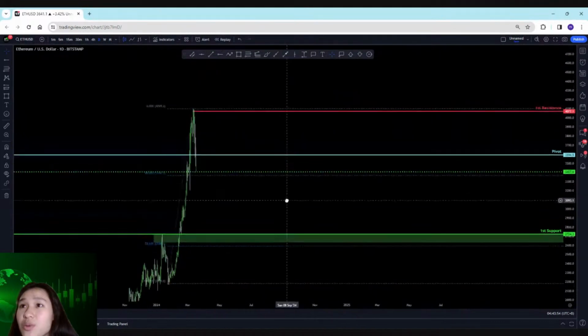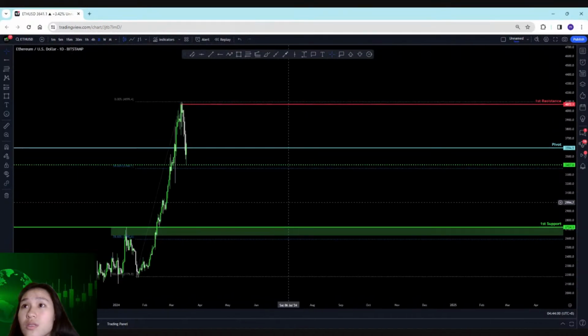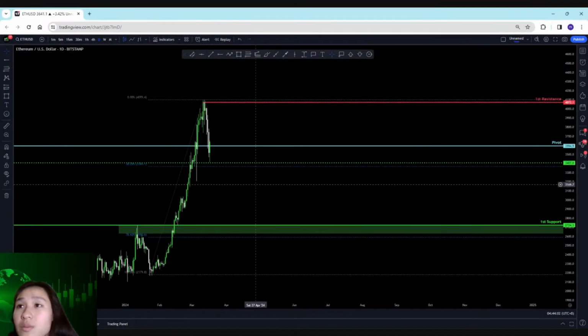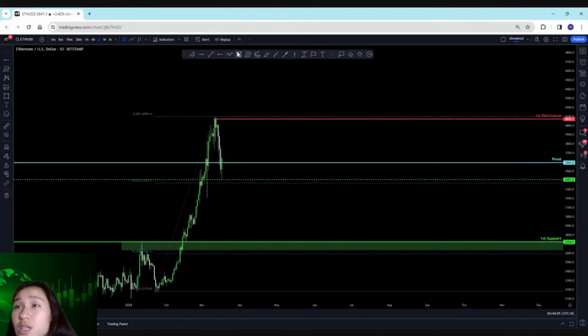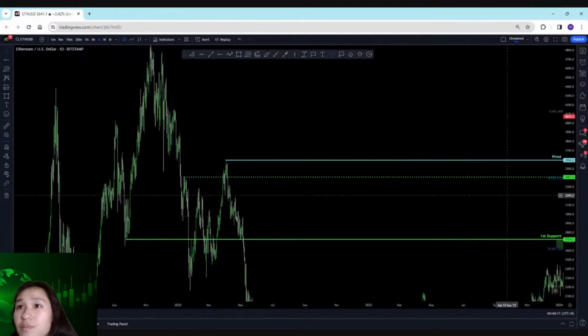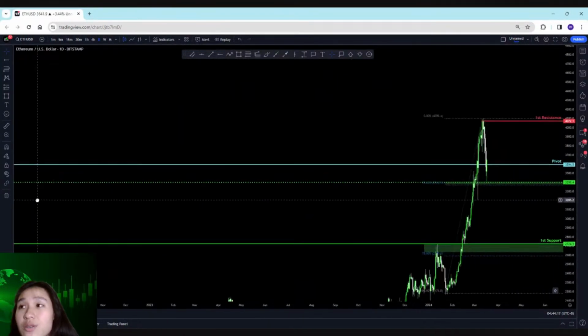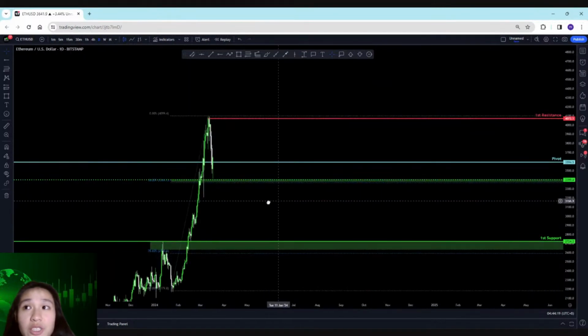And we are expecting price to continue. We have to see, because this area here, it's an overlap level and it's also in line with a Fibonacci level.